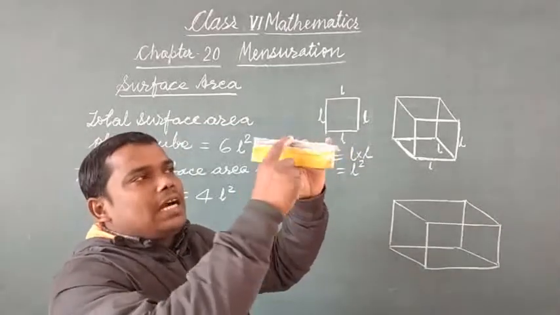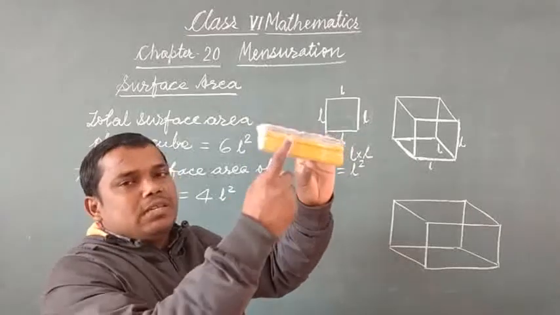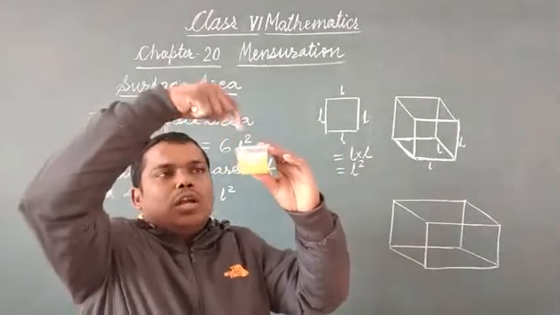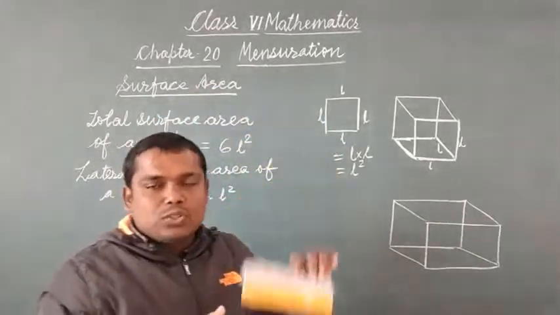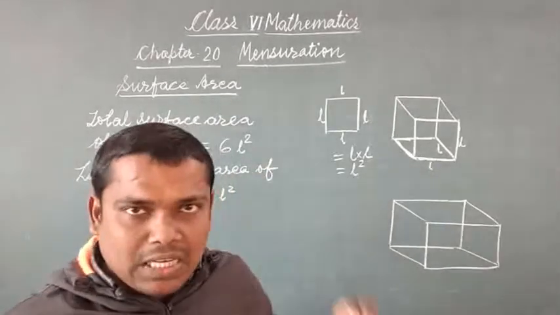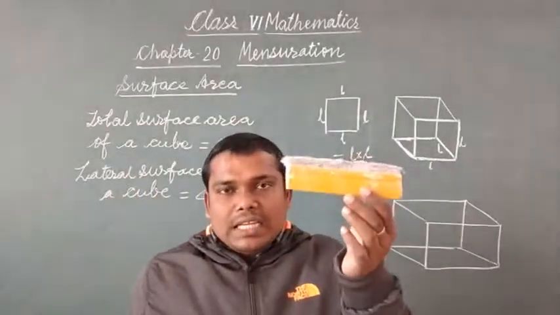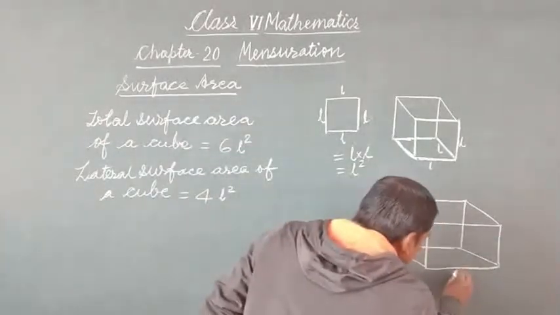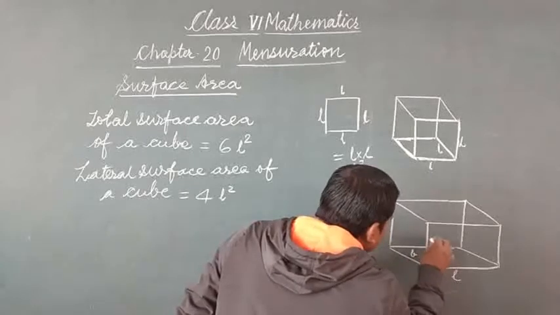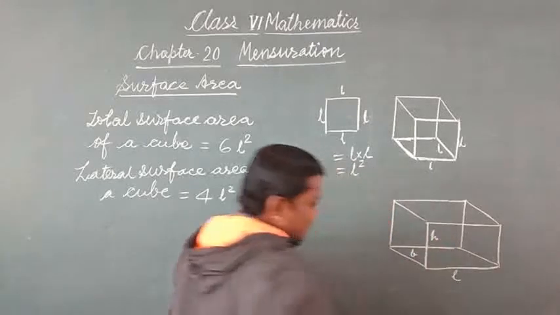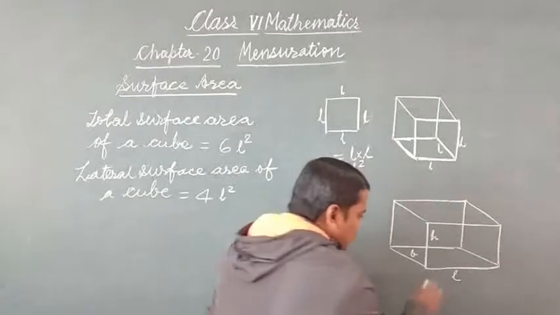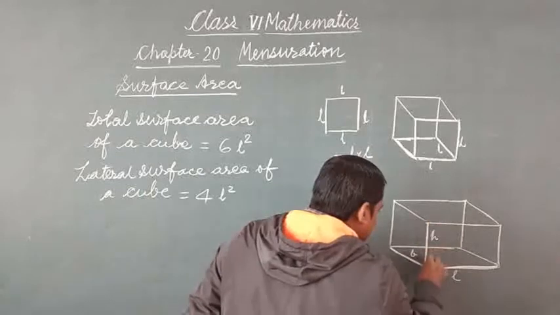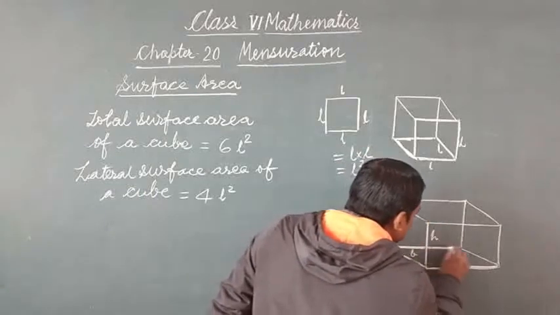One surface and the identical surface to this is this one. Another surface and the identical to this is this one. The top and bottom are both identical. So 3 pairs of identical surfaces are here in a cuboid. It means if we consider length, this will be the breadth and this will be the height. Length from here to here, this is breadth and this is height. So its base is this one.